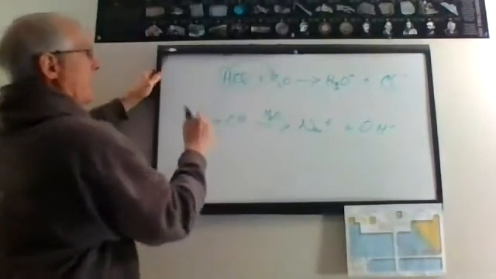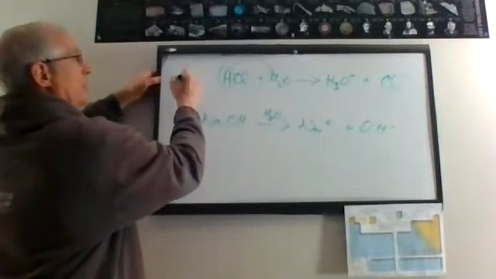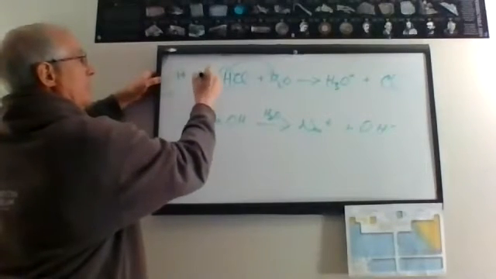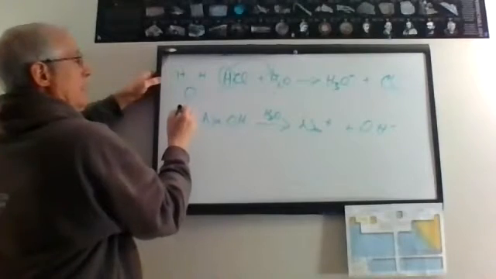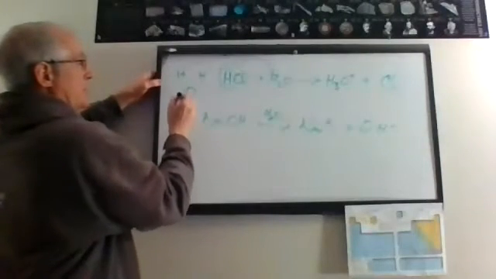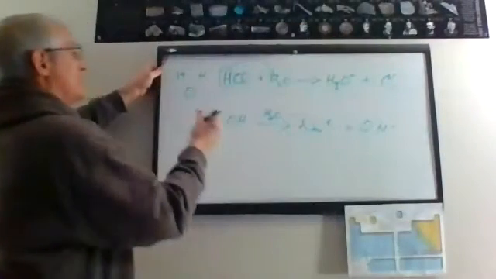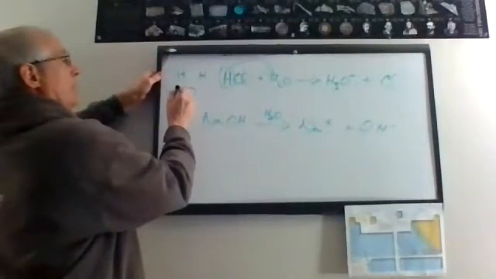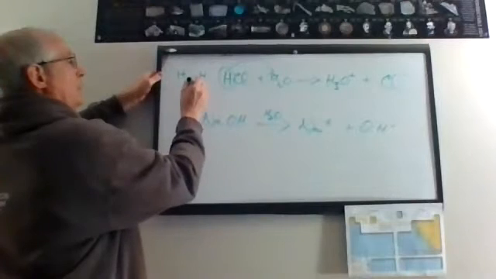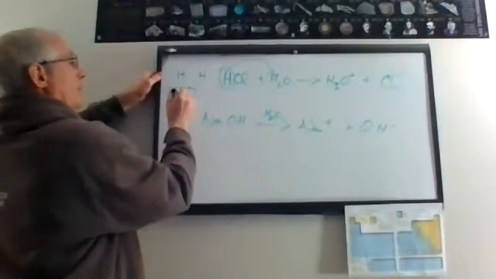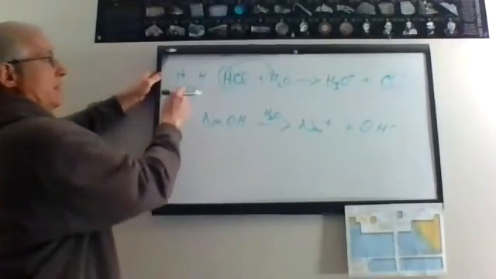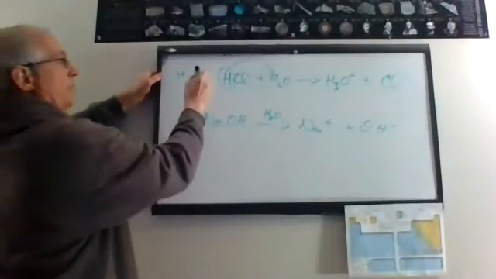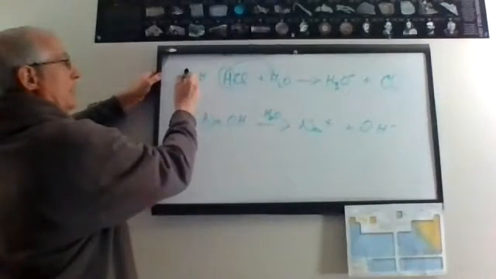Let's take a look at the water molecule. You've got a hydrogen and an oxygen. For oxygen, it's group 6, so it's got 6 valence electrons. 1, 2, 3, 4, 5, 6. Two lone pairs. Hydrogen has 1 electron.